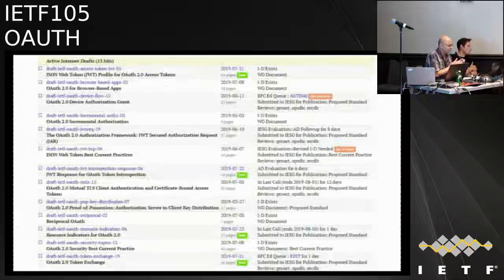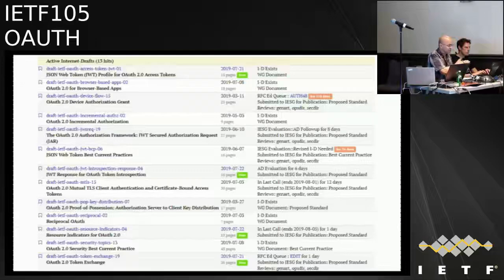Thanks to Roman, we had made lots of progress recently. Thank you, and to the authors too. The first one, we're going to talk about this later, I think on Friday, which is the access token JWT, the profile for that.